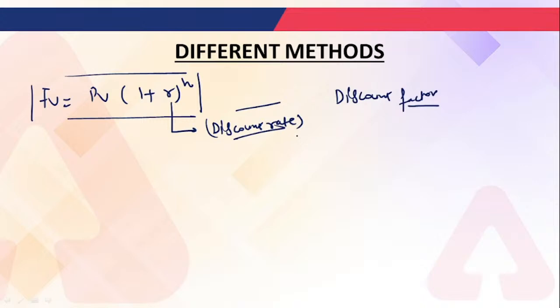Most of our colleagues confuse the discount rate and discount factor in the examination. This is known as the discount rate. Whenever we talk about 1 plus r while solving questions in capital budgeting, this r is known as the discount rate, and the discount factor is related to it: it is equal to 1 divided by (1 plus r) to the power n.